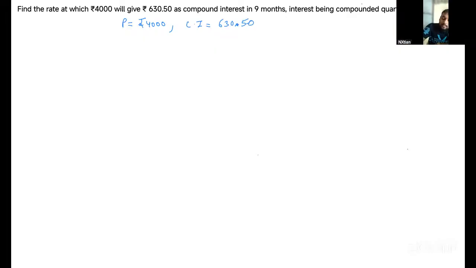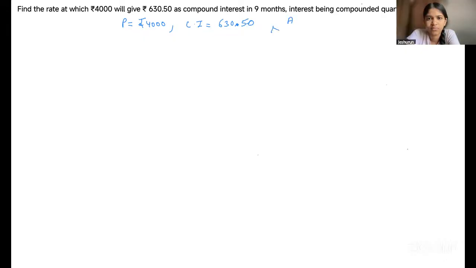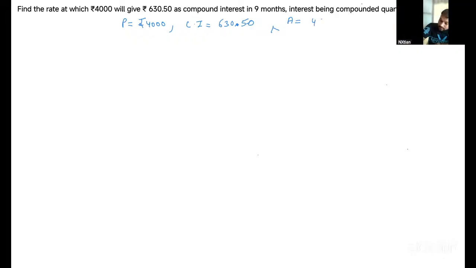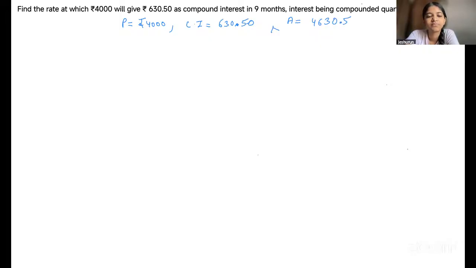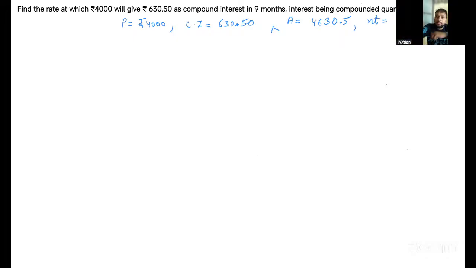So if this is compound interest, then what will be the amount? Amount is the addition of principal plus interest. So it becomes 4,630.5. Did you understand? Next, the number of times is 3 times. Anything else?